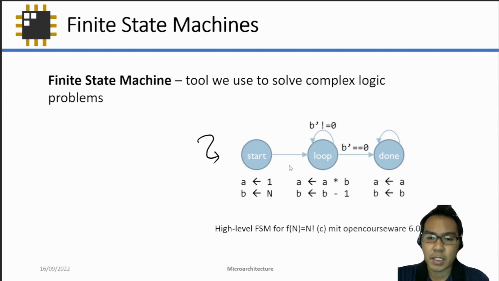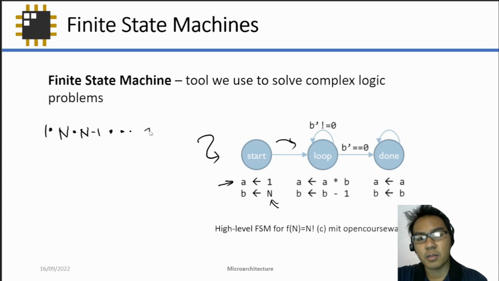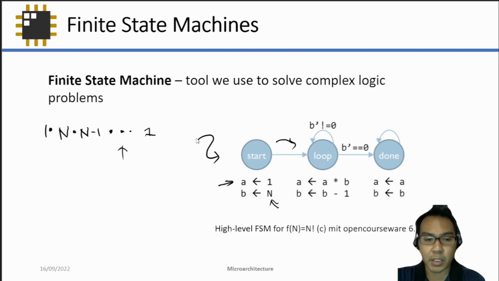Whenever you start with one, and then you go into the loop state where for every iteration of the loop, you decrement something that starts with the factorial number, and then you multiply that to one. So then you would have something that's going to be n times n minus one dot dot dot all the way up to one, and you end up with the definition of the factorial.